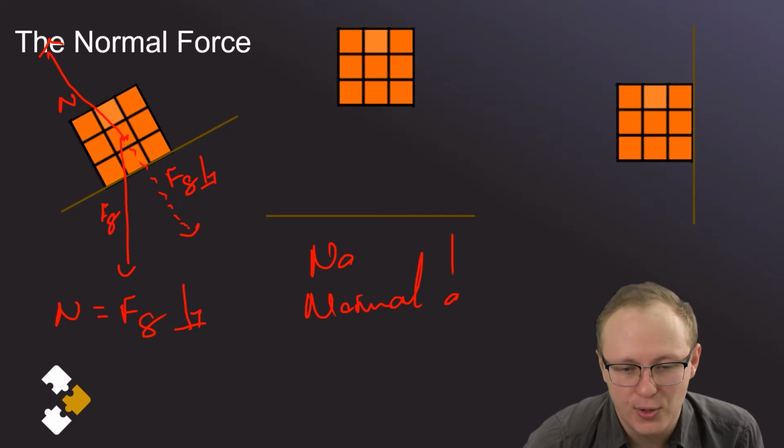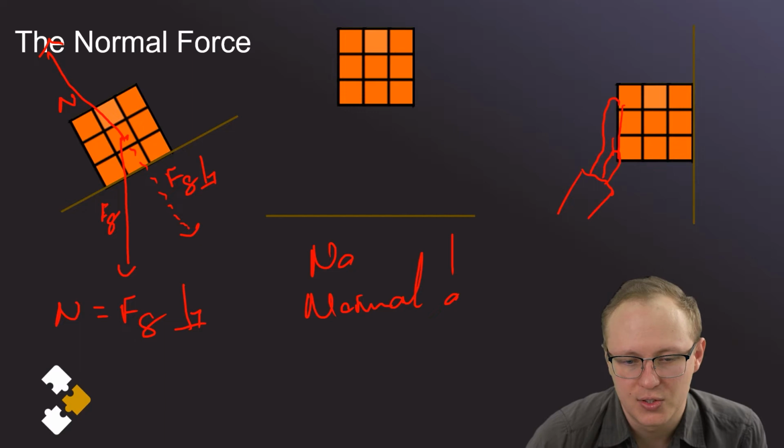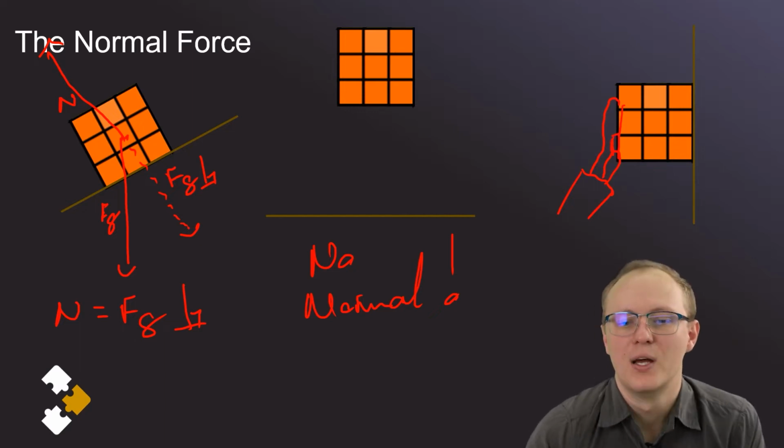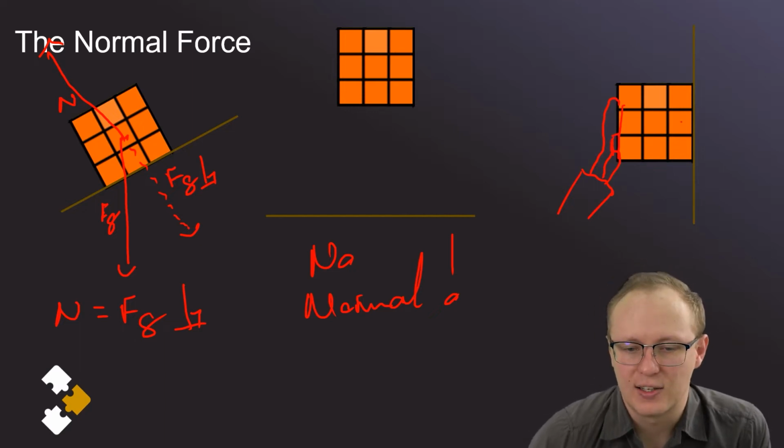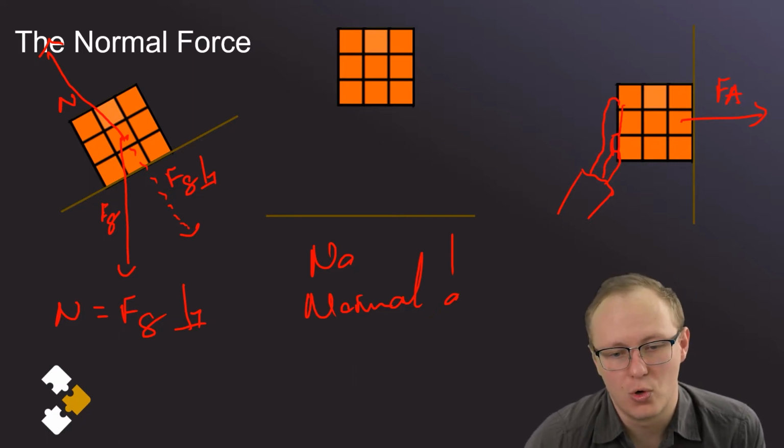And then for this one, super interesting. Let's say somebody is pressing this block against the wall with their hand. You can see what a gifted artist I am. Let's see what forces are acting here. There's an applied force going that way, but the block's not going straight through the wall, so there must be a normal force coming this way.